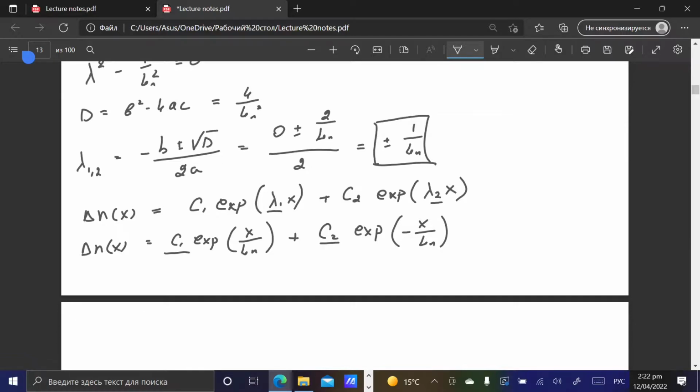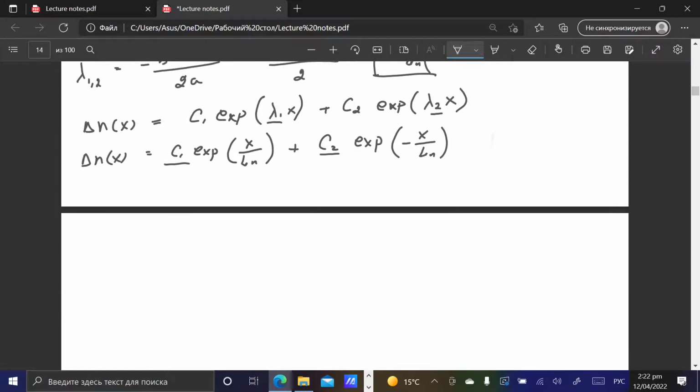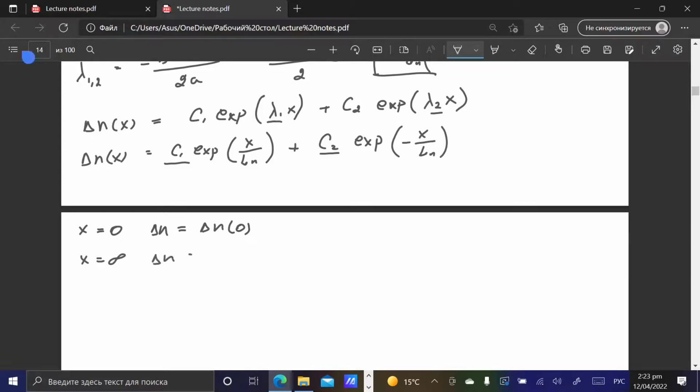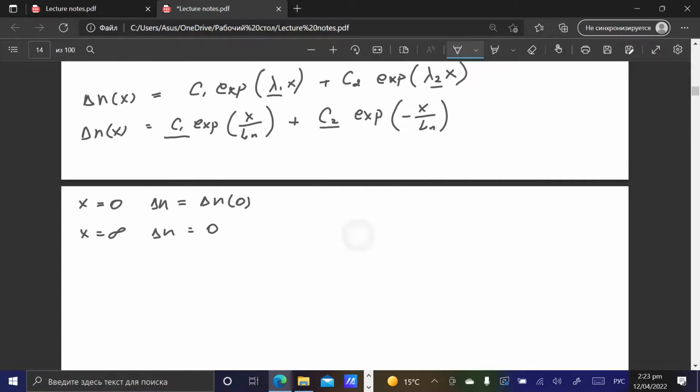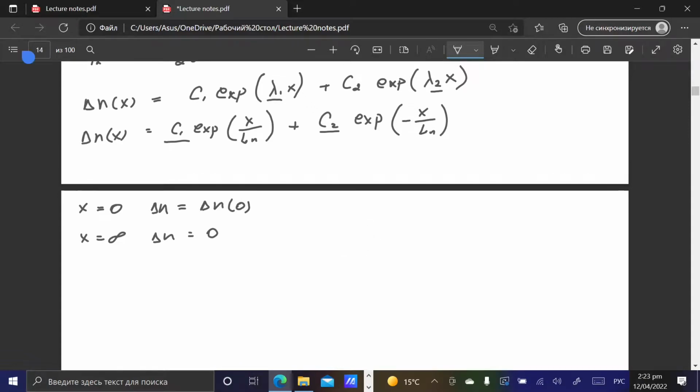So we know that for x equal to 0, delta n is equal to delta n naught, and for x equal to infinity, delta n is equal to 0. So now let us substitute first 0.